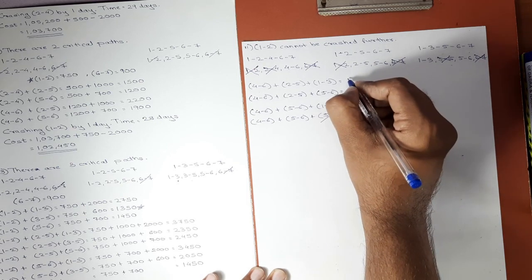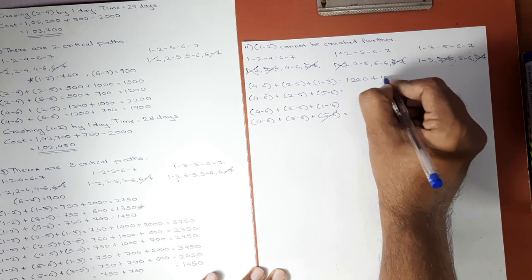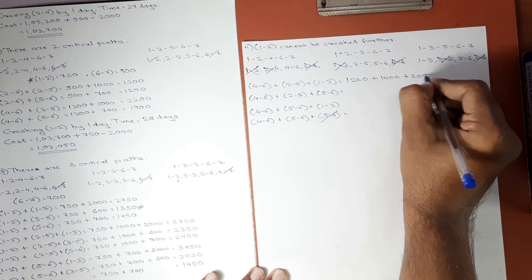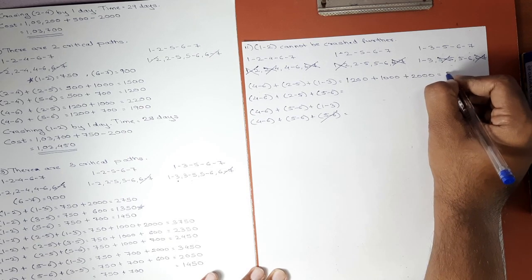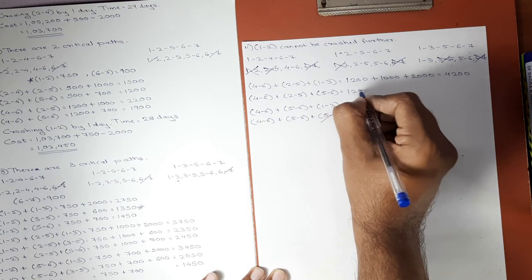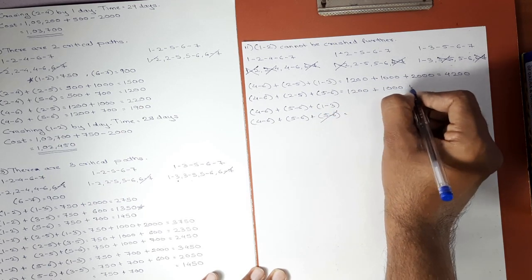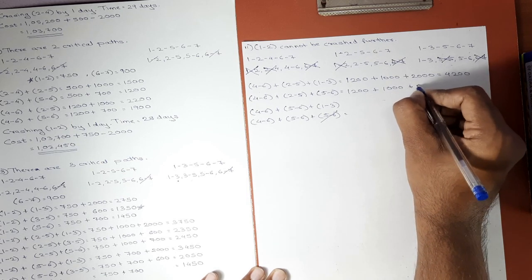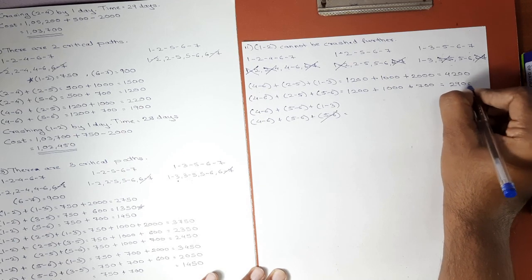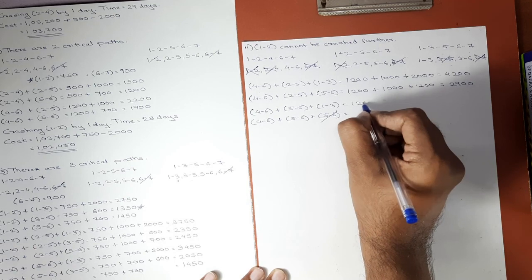Okay. Cost slope of 4 6 is 1200. Cost slope of 2 5 is 1000. Cost slope of 1 3 is 2000. Here the combined cost slope is 4200. Here again 1200 plus 1000 plus cost slope of 5 6 is 700. Here we get the combined cost slope as 2900. Here again cost slope of 4 6 is 1200.